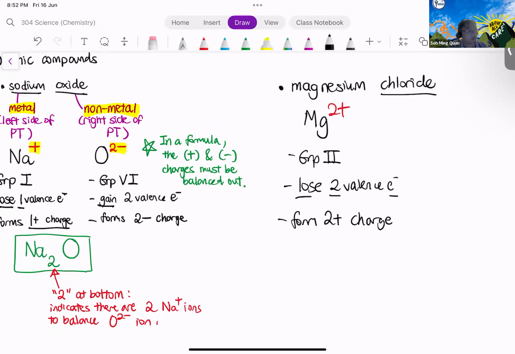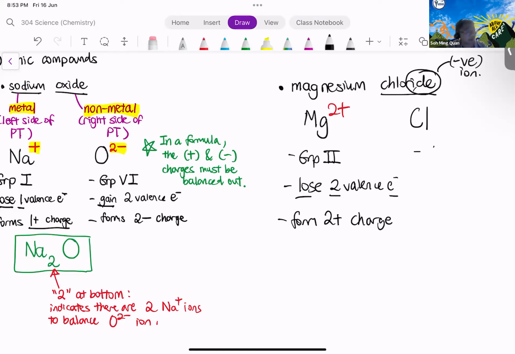Chloride. Chloride comes from chlorine. Now you notice for negative ions, the name changes slightly. Just now we had oxygen become oxide. Chlorine becomes chloride. So whenever you see chloride, anything ending in IDE is a negative ion. Okay, IDE means it's a negative ion. Okay, so now we're going to figure out chloride came from chlorine.